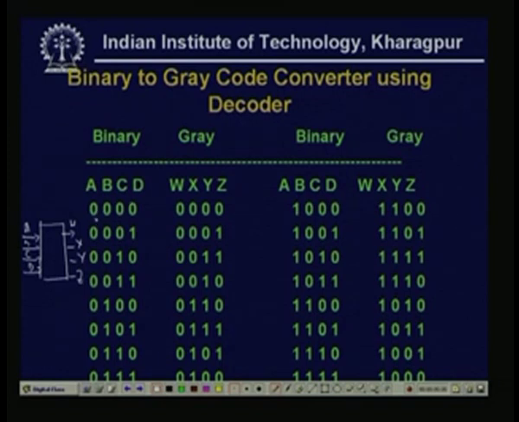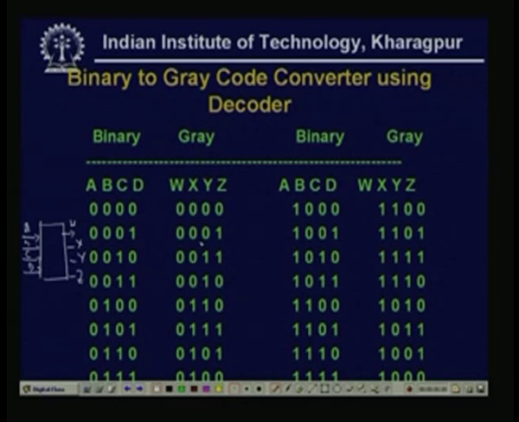For 0 0 0 0, the 4-bit output W X Y Z is 0 0 0 0. Then for 0 0 0 1, again the output is 0 0 0 1.